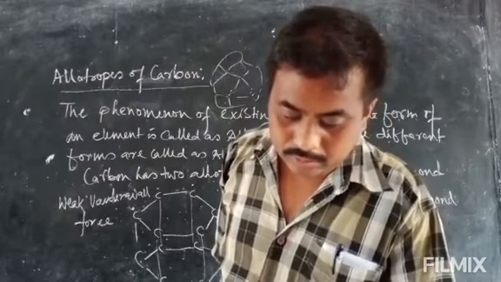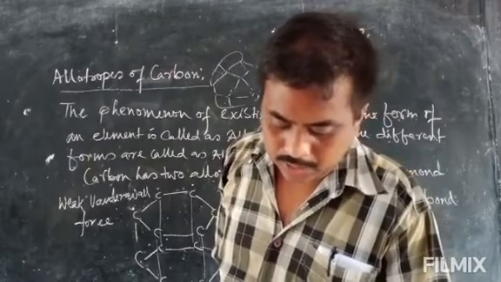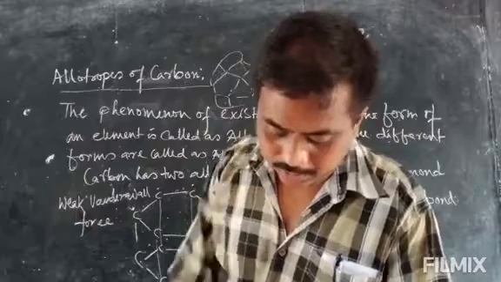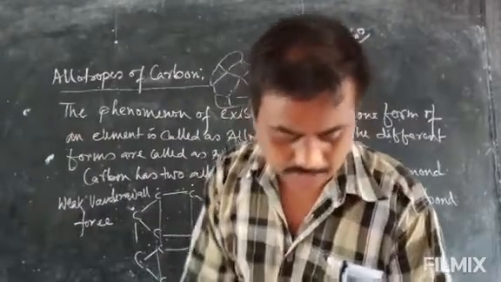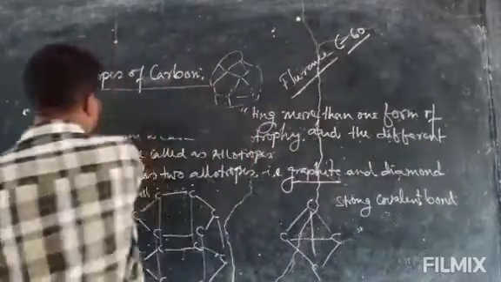Now let us see your textbook questions. What would be the electron dot structure of carbon dioxide? Let us see the first question's answer.